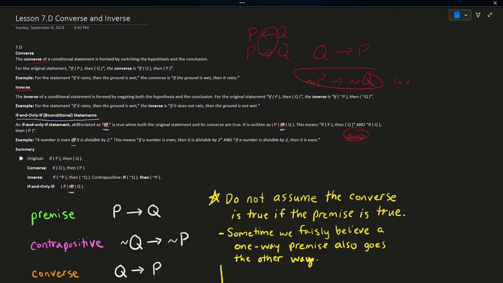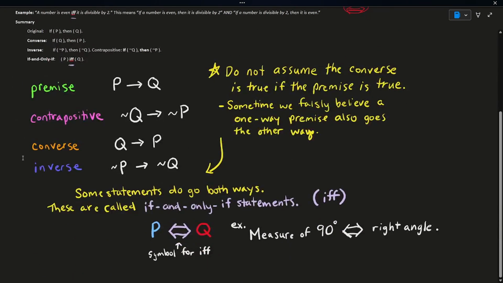Conditionals summary. The original will be if P then Q. The converse is if Q then P. The inverse is if not P then not Q, and the contrapositive is if not Q then not P. If and only if is P if and only if Q. So let's go over some color-coded notes that I wrote down here. We have your premise.